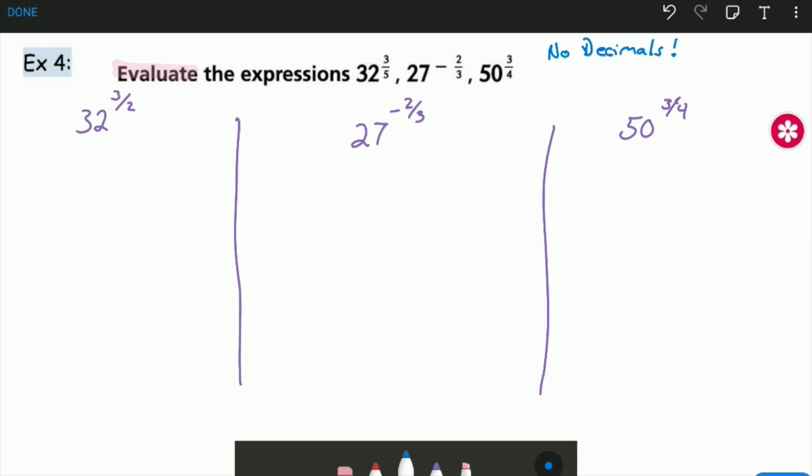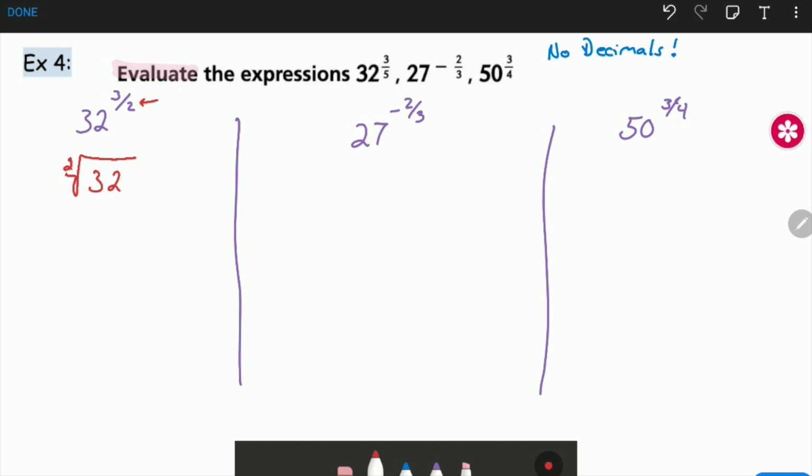So for this first one, 32 to the 3/2 power, we are going to first change this into the radical form. So we have a 2 as the bottom number, so that's going to be the index, and 32.